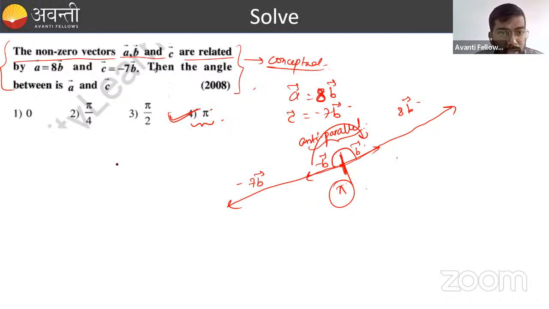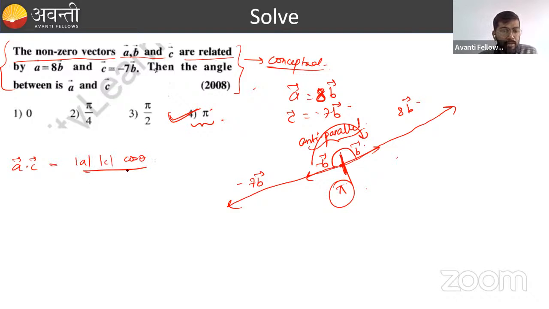One more method to find this: to find the angle between a bar and c bar, you can find the dot product, which will be mod of a bar times mod of c bar times cos theta.